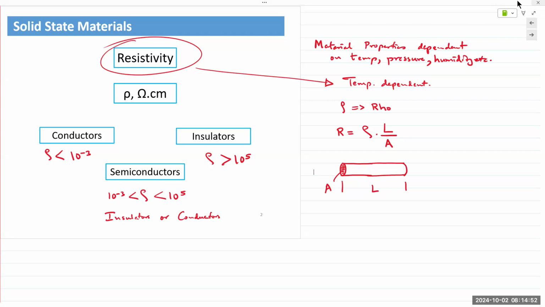So we use the unit prefix when we do our calculations. But the units are already given in the answer. If it's just ohms per meter, then you have to enter it as ohms per meter. If the answer is asked in ohm centimeter, then you enter units for ohm centimeter.